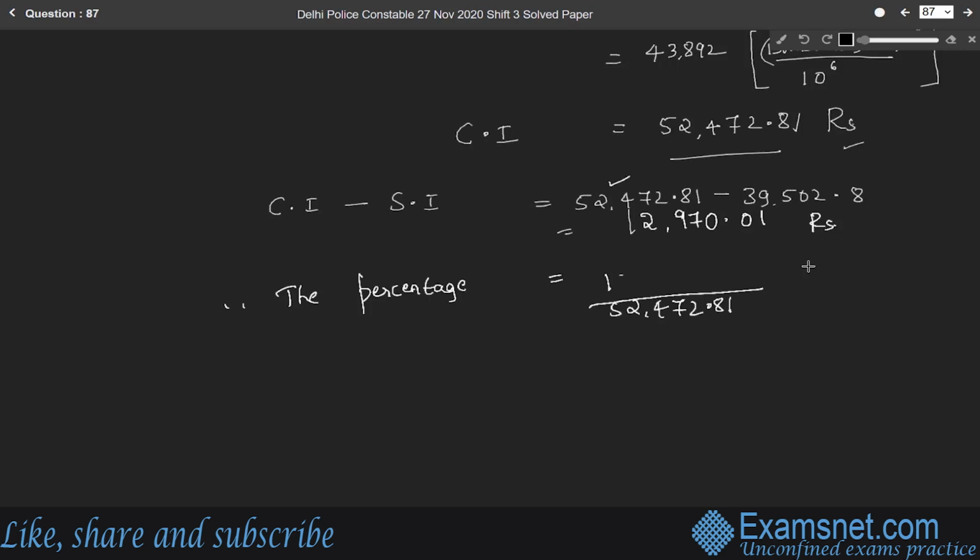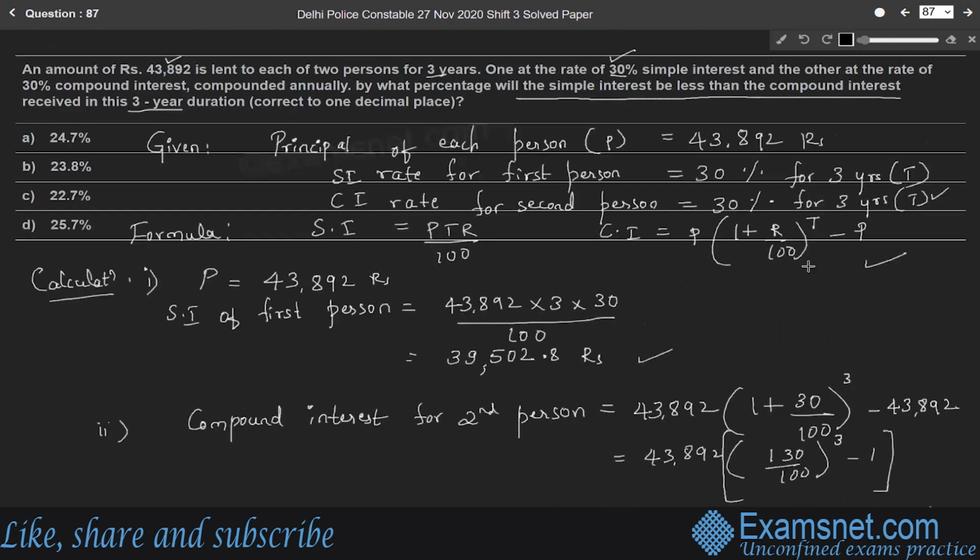So the difference is 12,970.01. Therefore, for 100, which is equal to 24.7%. So the percentage by which simple interest is less than the compound interest is 24.7%. Hence option A.